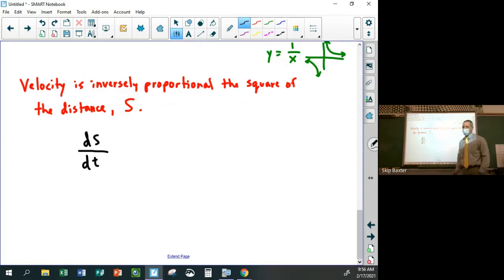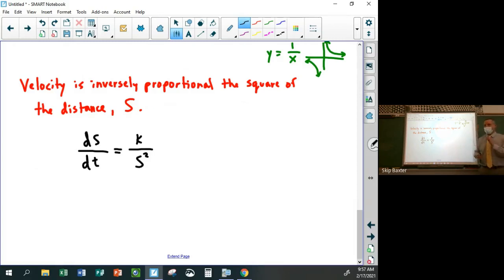It's the change in distance, is inversely proportional to the square of the distance. How would we write that on the right-hand side? Not square root, square. S squared, yeah, this would be K over S squared. That would be the differential equation that corresponds to the situation. Does that make sense? So it's kind of like reading comprehension. You have to look at words and realize that they correspond to certain ideas and how to write them equation-wise. Okay? Any questions on that?